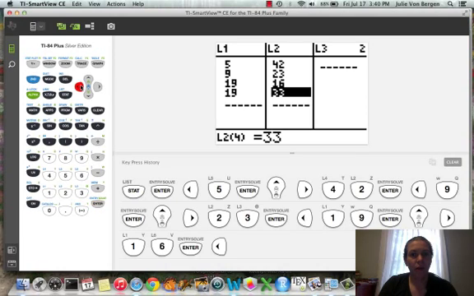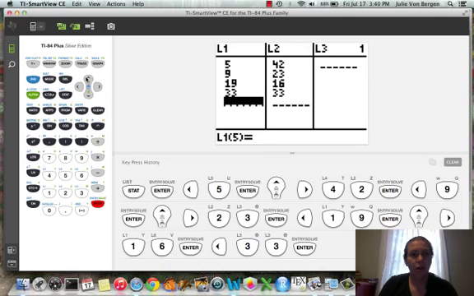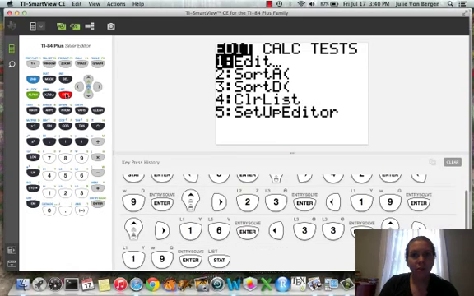And then we'll put the 33 over here and the 19 over here. So now I switched it around so that our observed values are in List 1 and our expected values are in List 2. Now we'll go to Stat.